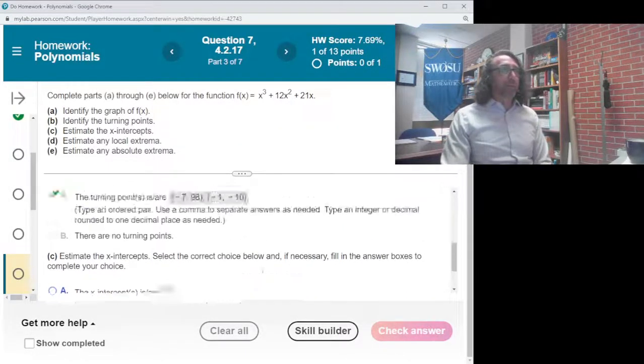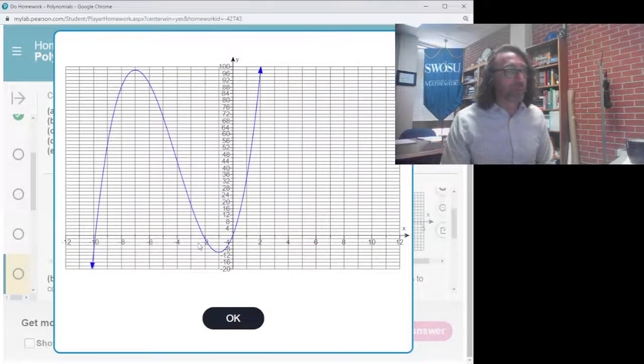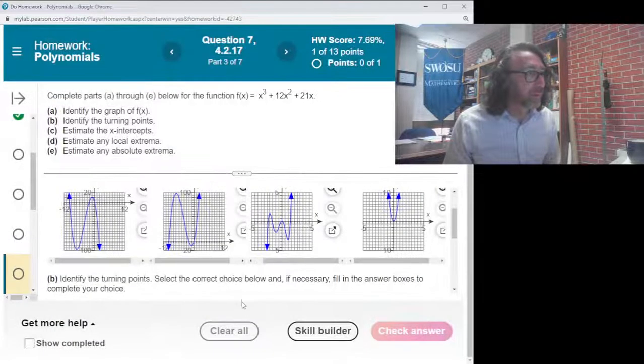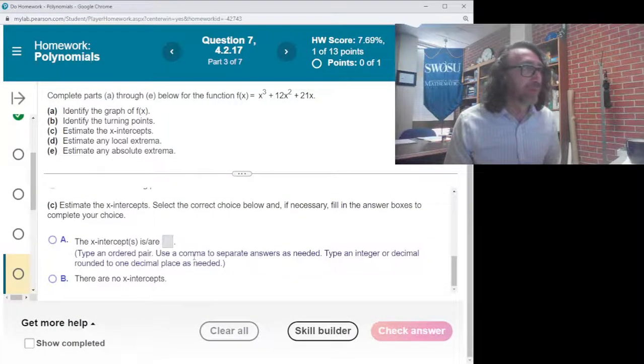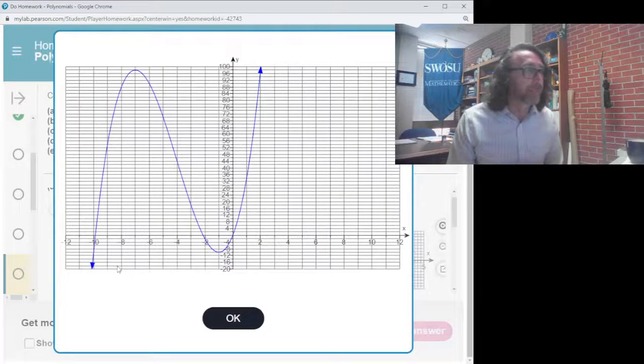The x-intercepts. Once again, if we have the graph, this is an easy question. It says estimate the x-intercept. Type an integer or a decimal rounded to 1 decimal place as needed. Okay, great.